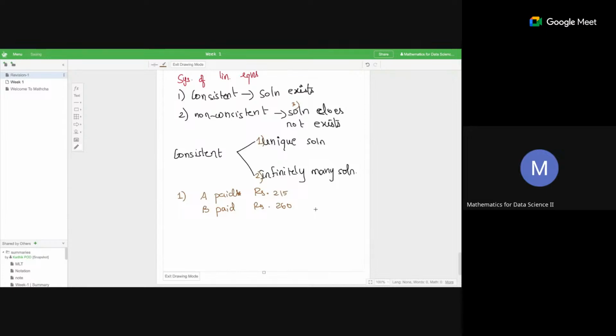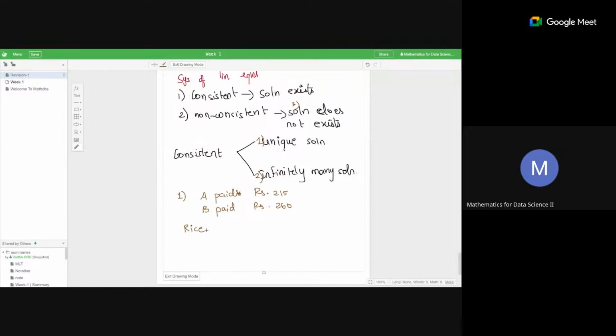A and B are making some purchases. Now we want to find the price of each item. What are the items? Rice and dal. So they both are buying rice and dal.